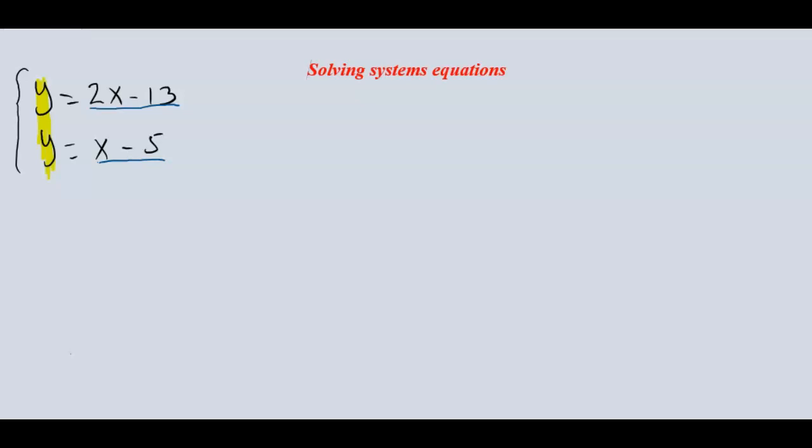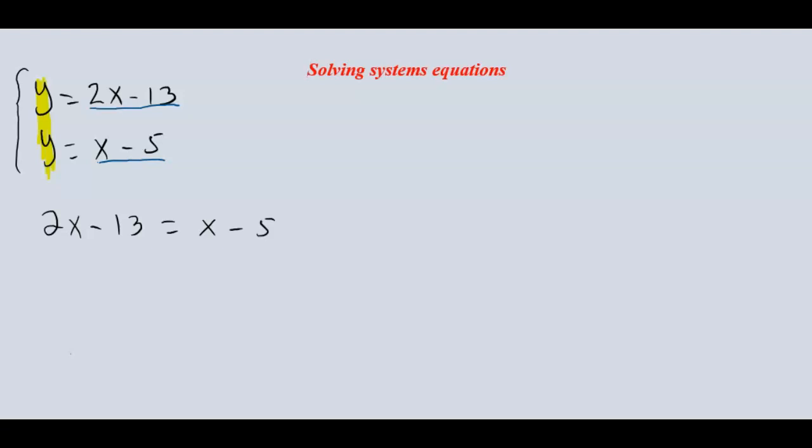So 2x minus 13 equals x minus 5. Now, all we have to do is solve for x. To solve for x, we're going to first subtract x. We're going to move all the x values to the left side of the equation and everything else to the right side.